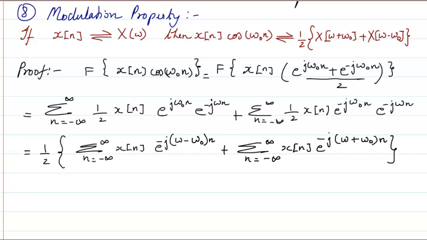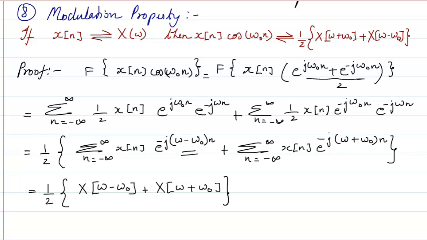Correct, which is what? This is the Fourier transform of x of n, but instead of omega it is omega minus omega naught. This is also the Fourier transform of x of n, but here instead of omega it is omega plus omega naught. So I can write this as half of x of omega minus omega naught plus x of omega plus omega naught, hence proved.